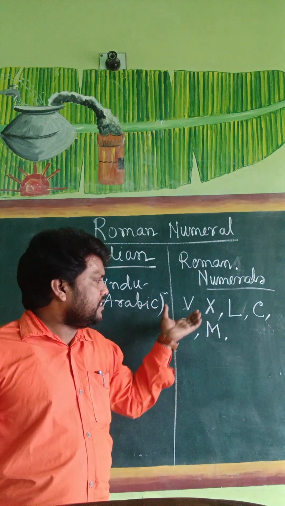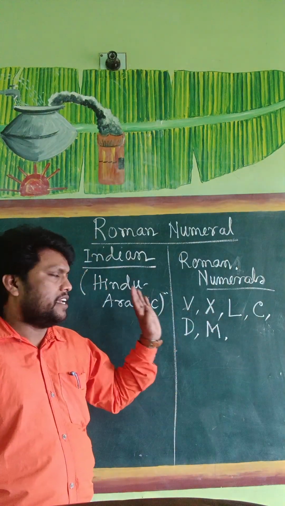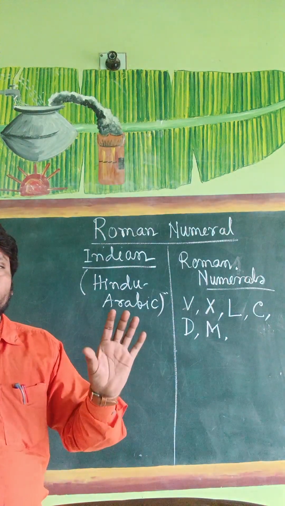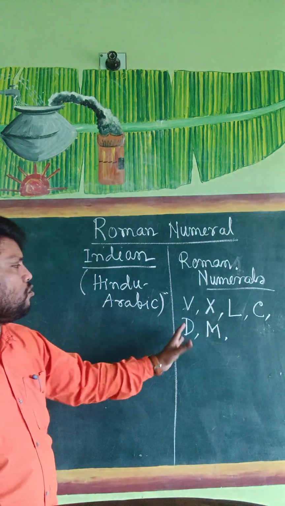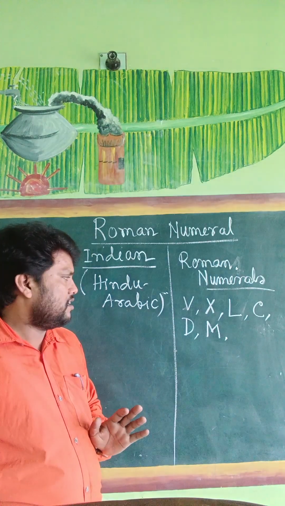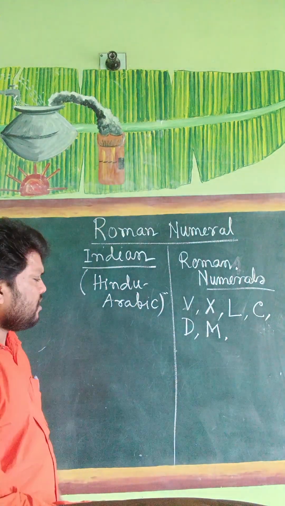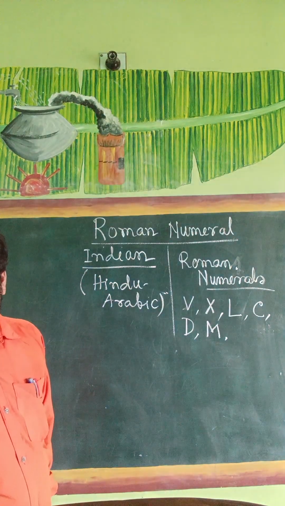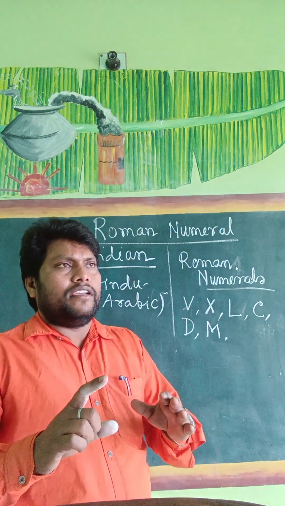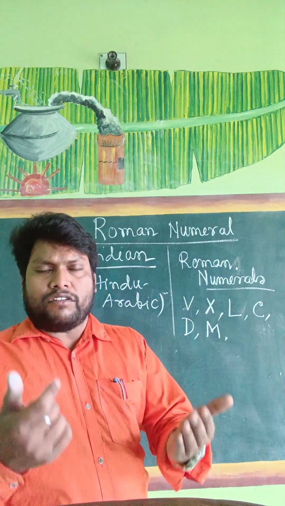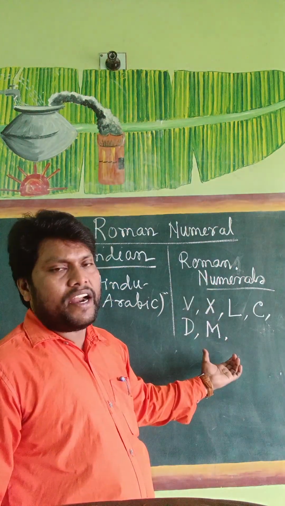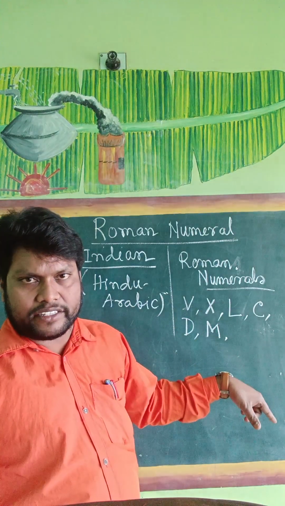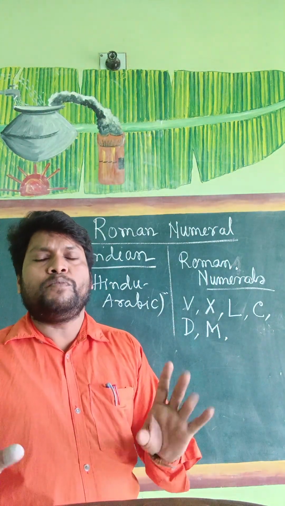So by applying these Roman numerals, you can easily make a large Roman numeral. There are some rules. Rule number 1, at first listen to me very carefully. When you construct any Roman numerals from Hindu-Arabic to Roman numerals, some rules should be followed.